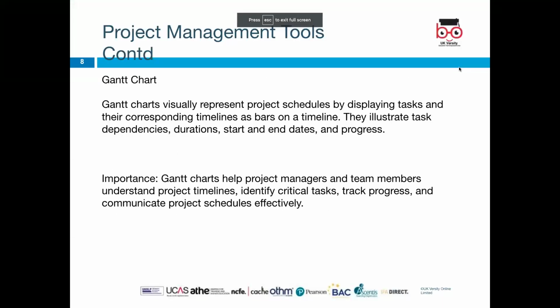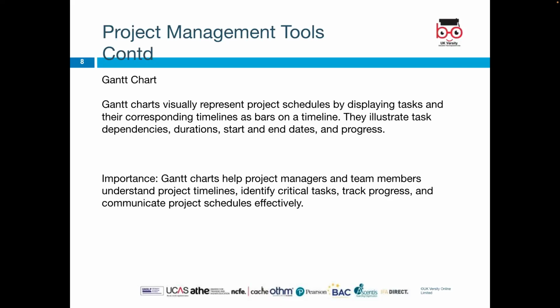So what is a Gantt chart? I've literally told us what it is, but just for clarity and for us to understand why we use it. A Gantt chart visually represents project schedules by displaying tasks and their corresponding timelines as bars on a timeline, which is literally the same thing that we saw the other time.